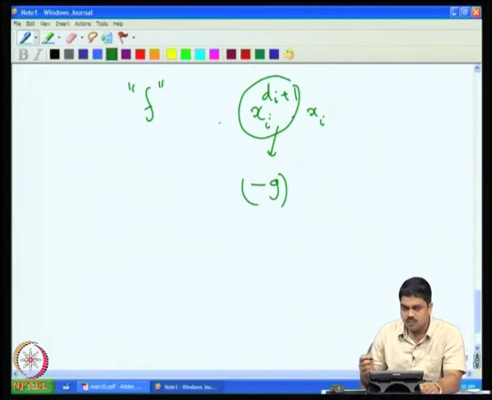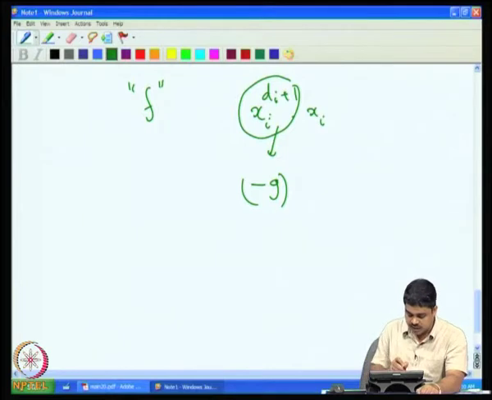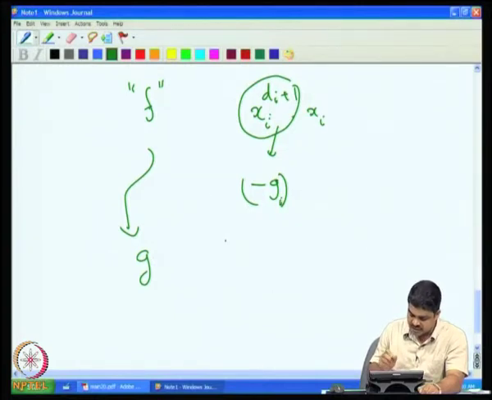So, if we keep on repeatedly doing it, finally we will end up with a polynomial g, produced from f by these repeated substitutions, where all the degrees of xi are at most di.